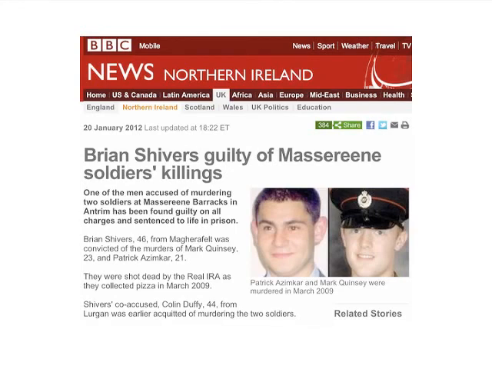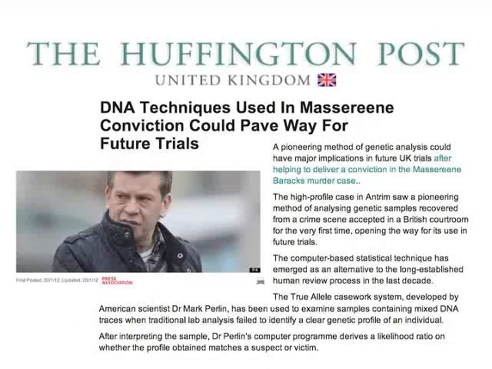There was definitely DNA identification, but in only one of the 2 defendants was there established some link to the crime itself. But perhaps more importantly, long term, is what also appeared in the UK on the same day, which was the realization that these same DNA techniques, in particular TrueAllele, and the use of computer interpretation of DNA evidence that were used in the Massereene conviction could pave the way for future trials.